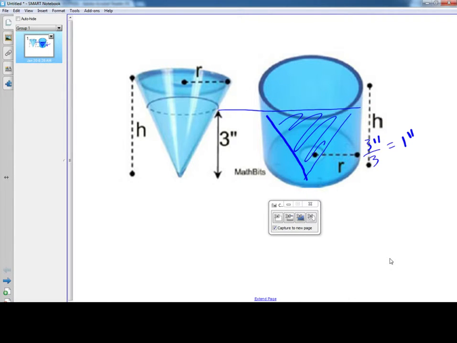No, I mean the smaller cone, the 3-inch cone, if you were to transfer it over, the radius would be smaller than the cylinder, because the lower you go on the cone, the smaller the radius is. I see what you're saying. And that makes a lot of sense too. So I put a little less than 1 inch. I would agree, because that makes perfect sense.